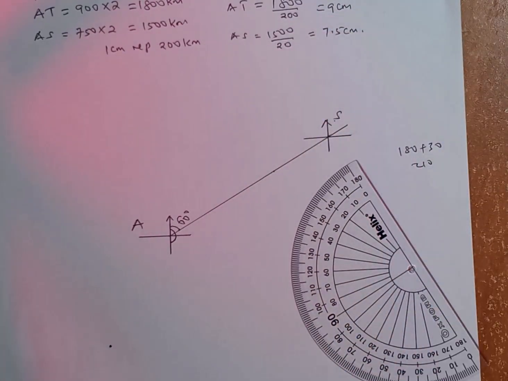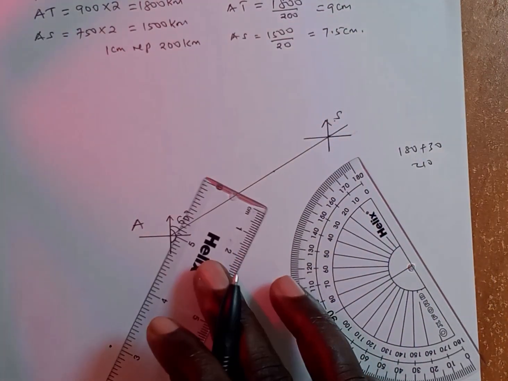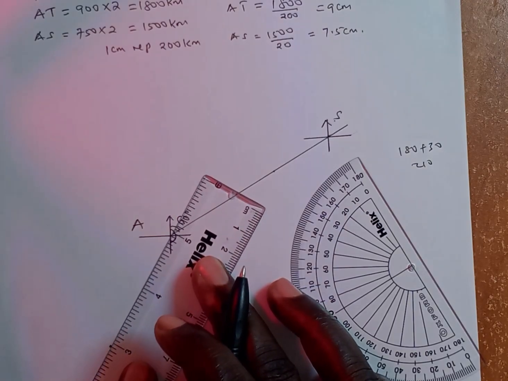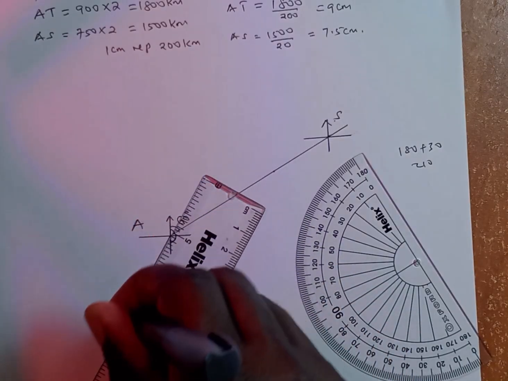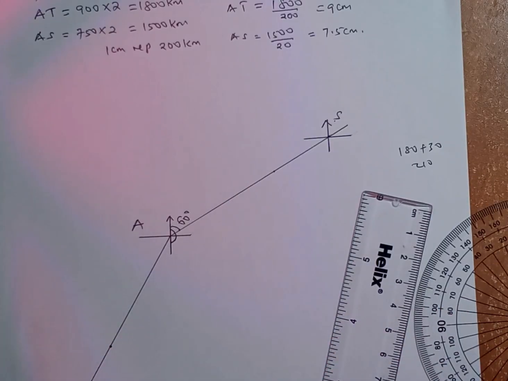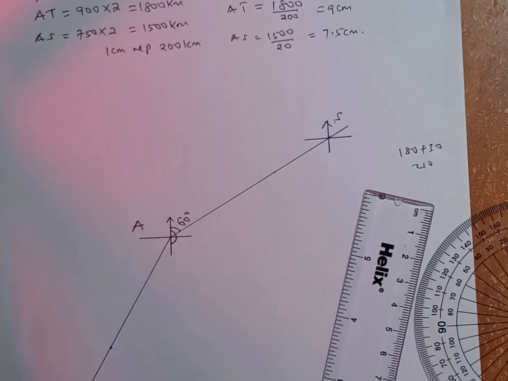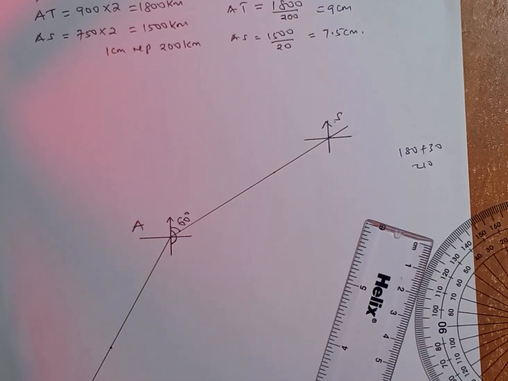So we are going to draw a straight line from airport A all the way towards T, and the total distance from airport A to T will be 9 centimeters.